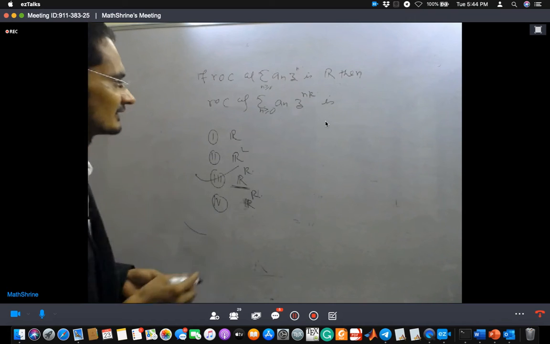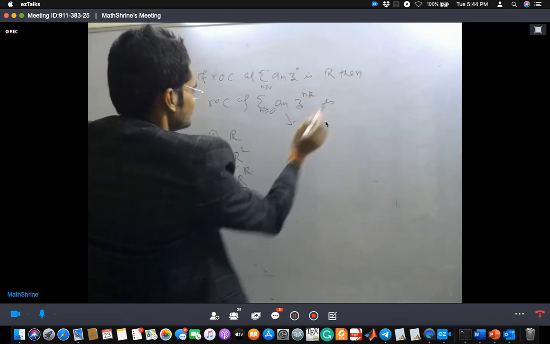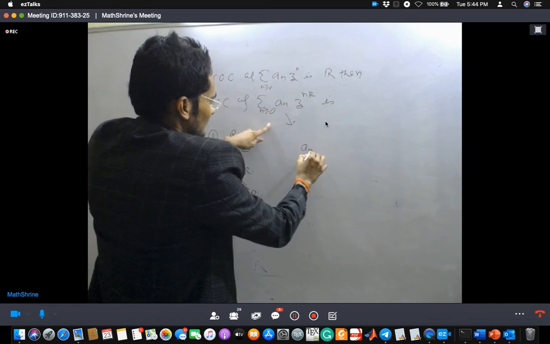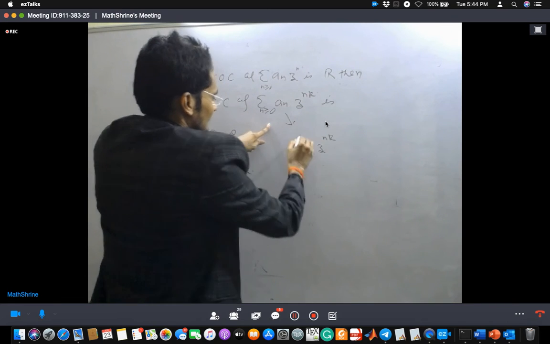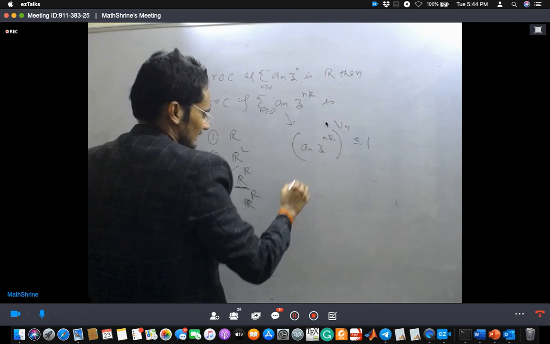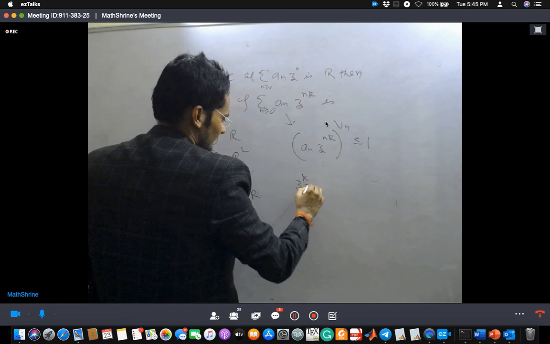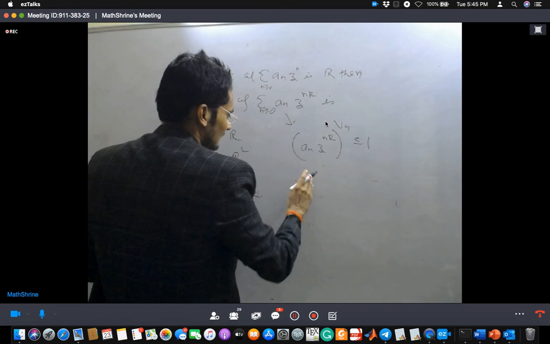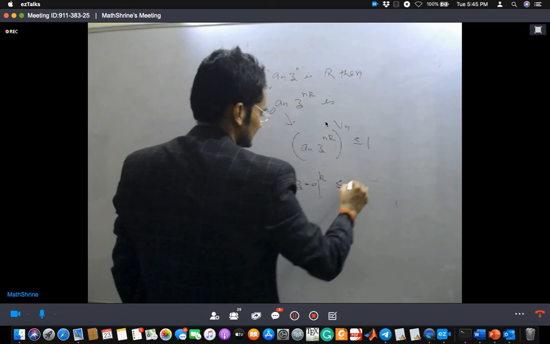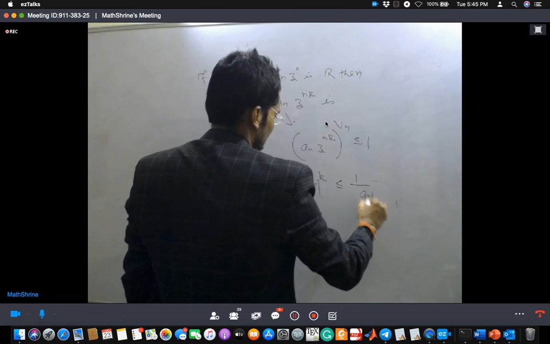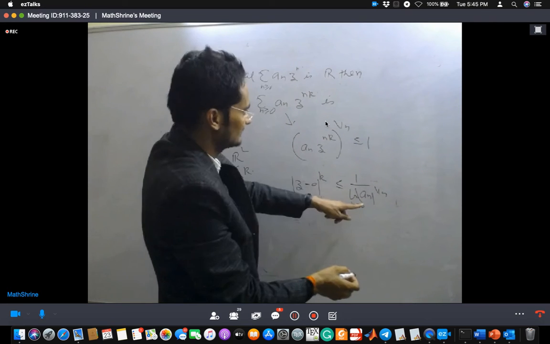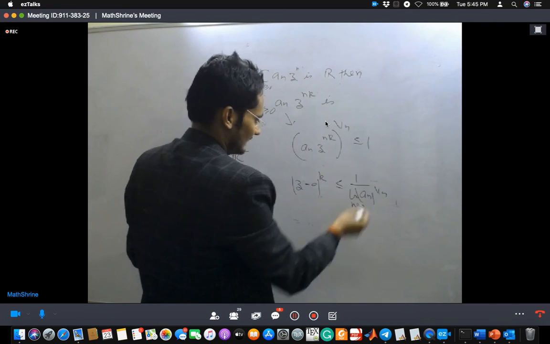You can calculate it also. We want to calculate the radius of convergence. Simply, a_n z power n, whole power 1 by n, less than or equal to 1. This implies z minus 0 raised to the power k is less than or equal to 1 upon a_n raised to the power 1 by n, limit n goes to infinity. This is given as r.